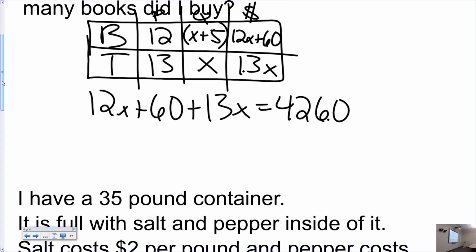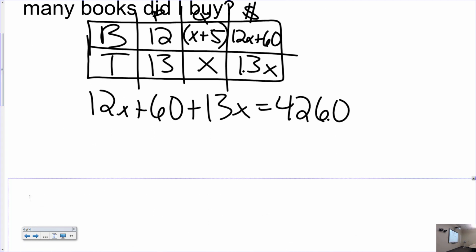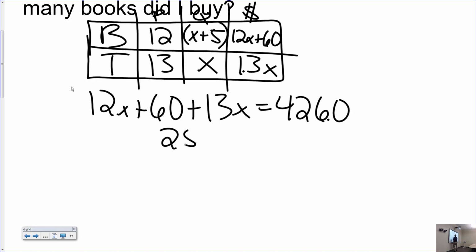Combine your x's. 25x plus 60 equals 4260.